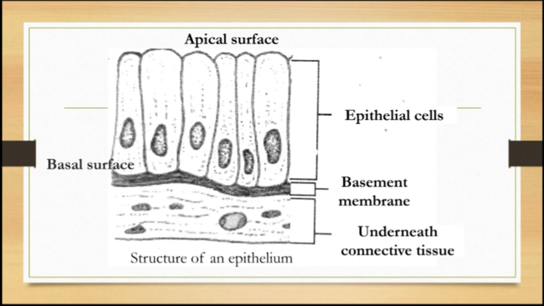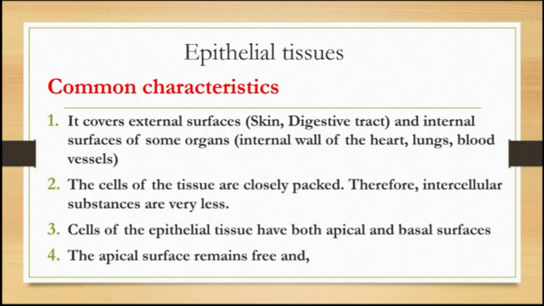The basement membrane is not a cellular membrane. It's a proteinous membrane. So, epithelial cells are connected with the basement membrane at the basal surface, and there is connective tissue underneath the epithelial cells.